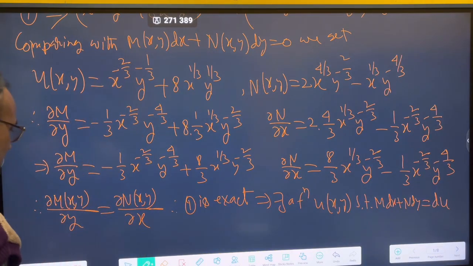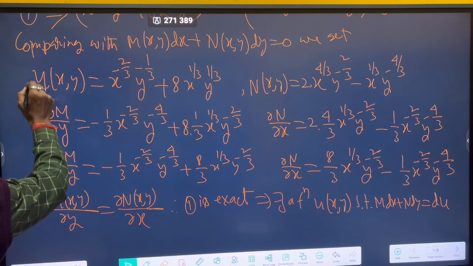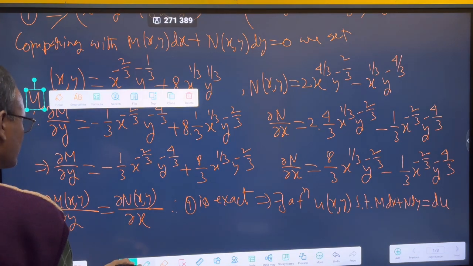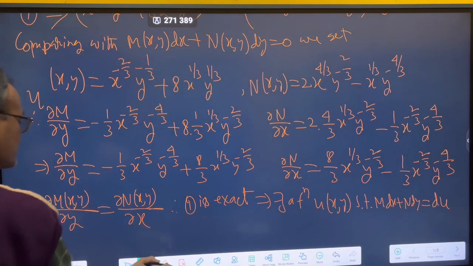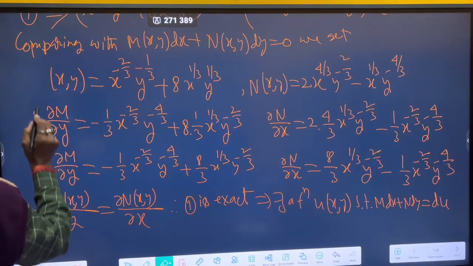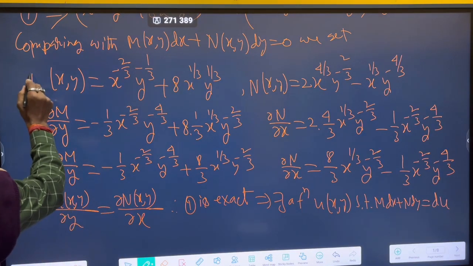This means M dx plus N dy equal to du. This is M.